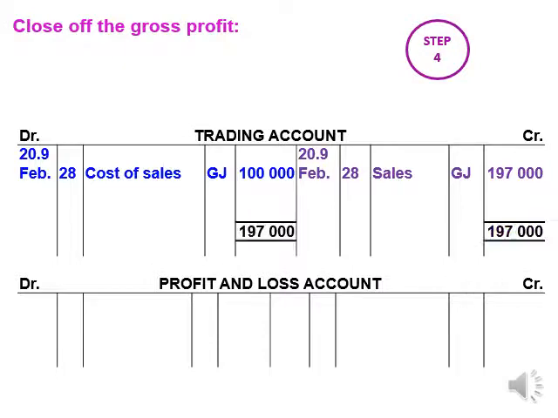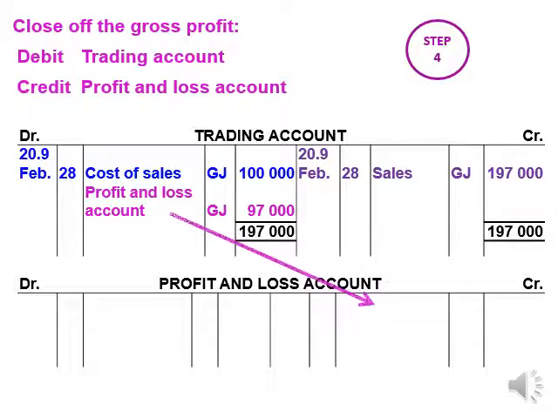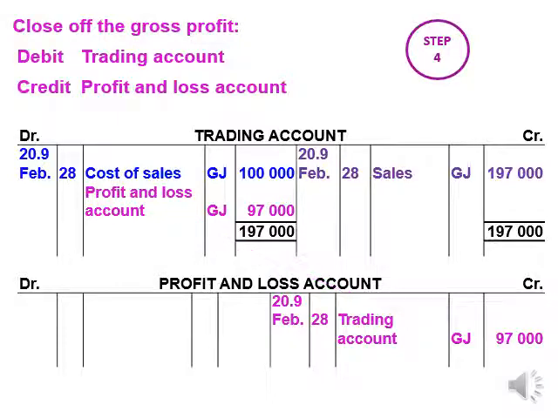We will do that by debiting the trading account with the difference between the sales and the cost of sales, in this case 97,000, and by crediting the profit and loss account. So we already have the first component in what we need to calculate our net profit in our profit and loss account.